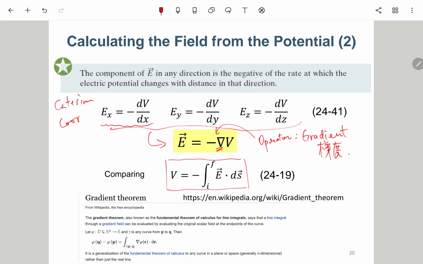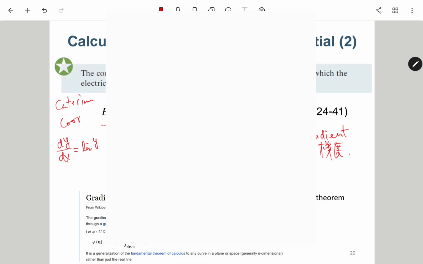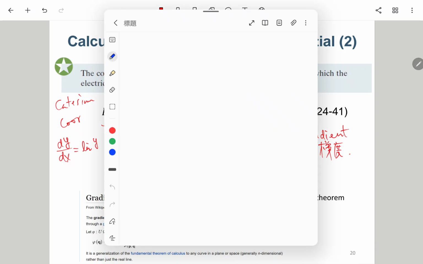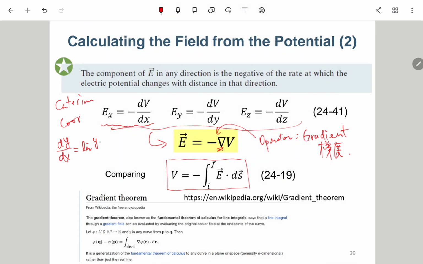It should be the single variable version. When you learn the derivative, dy/dx is the limit as delta x tends to 0 of y of x plus delta x minus y of x, over delta x.